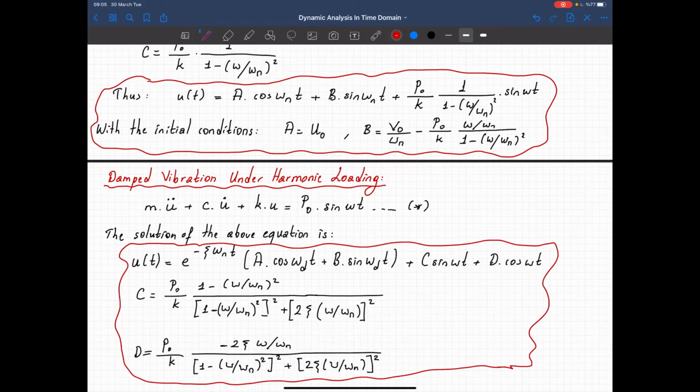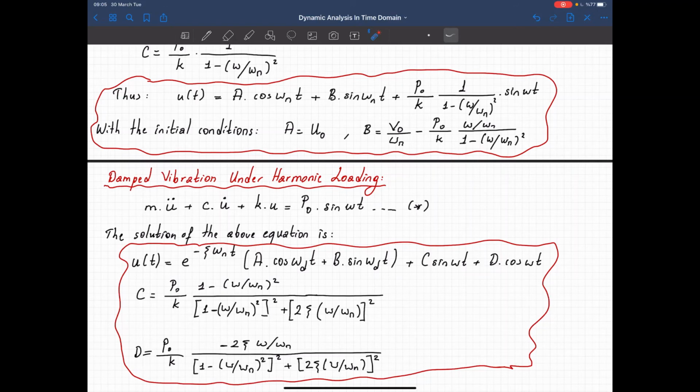So these are the analytical solutions of the 4 cases: free vibration with no damping, free vibration with damping, and we examined the cases where we have only harmonic loads. When you take a look at the result, this will give me the U at every time instant, so we are obtaining the solution for the whole time domain with a single equation.